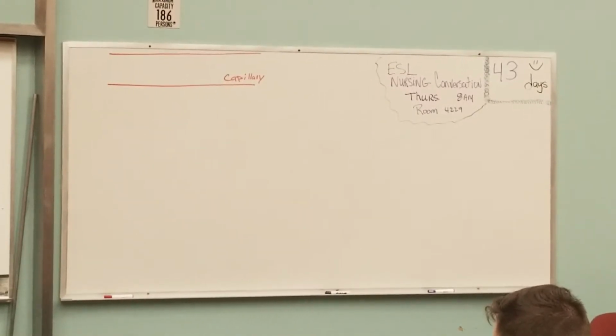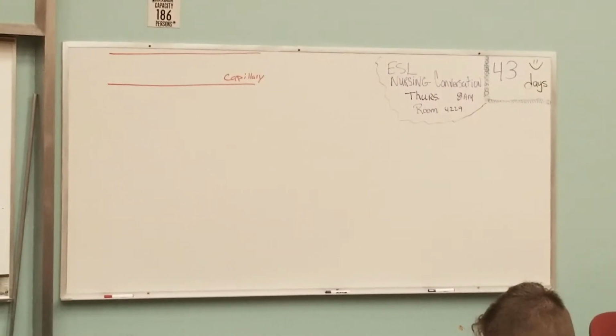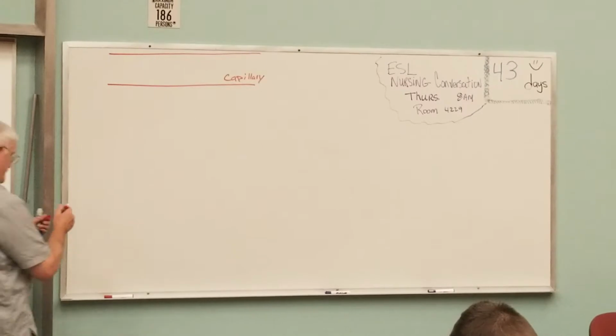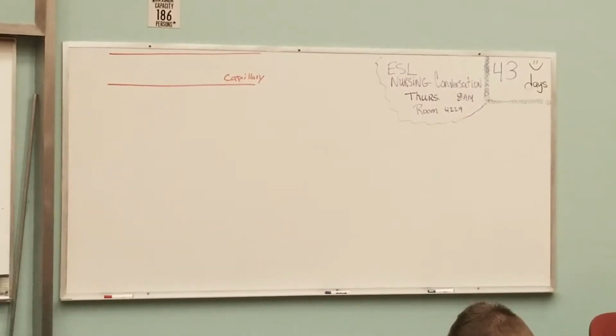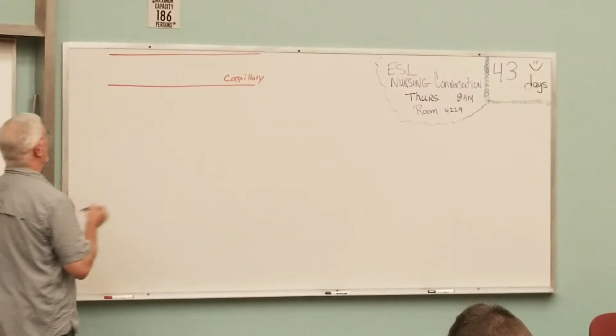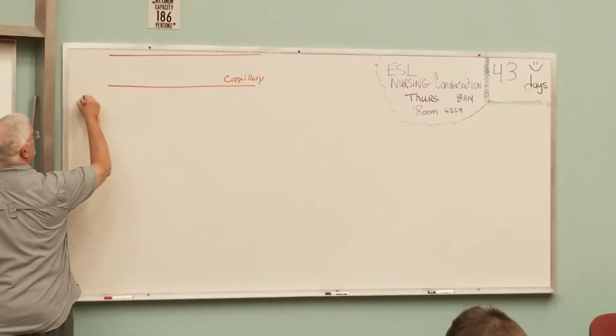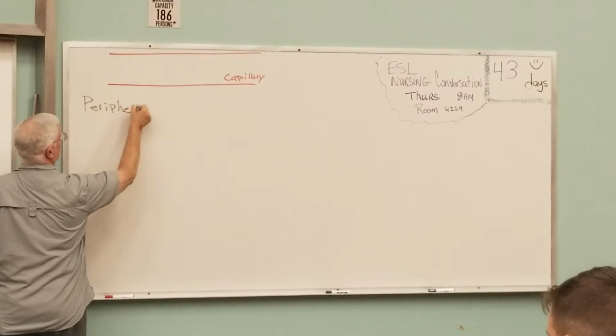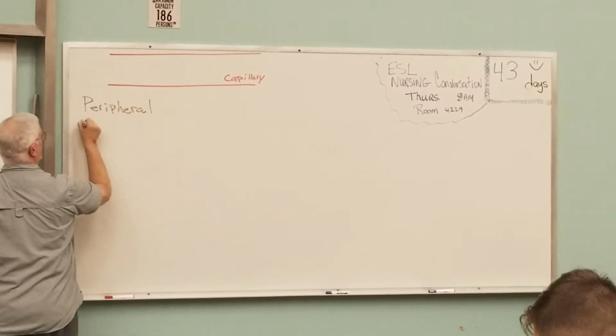Okay. All right, so now we're in the capillary by your aorta. All right, so now this is from your peripheral chemoreceptors. So this will be your peripheral chemoreceptor.